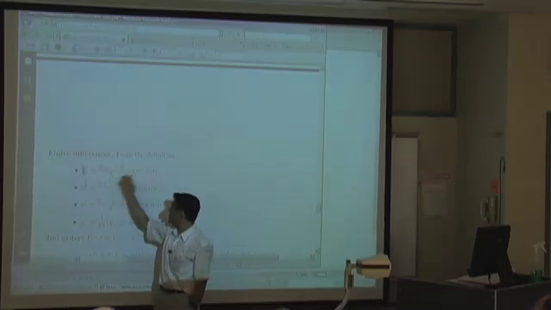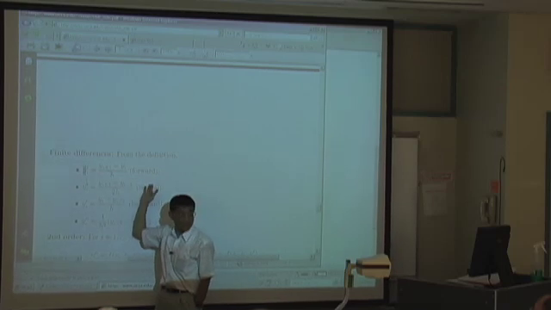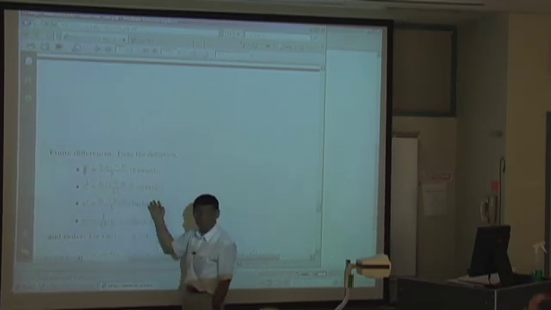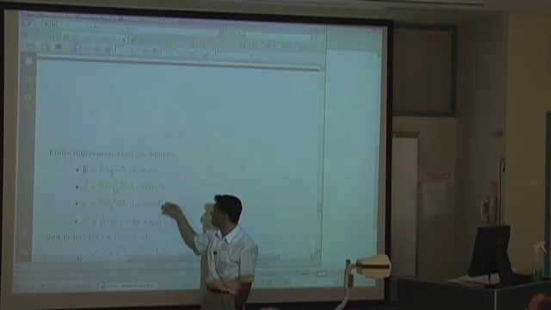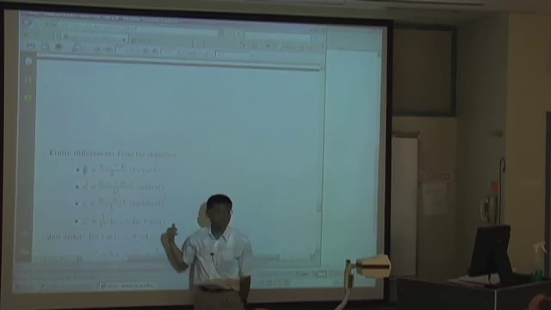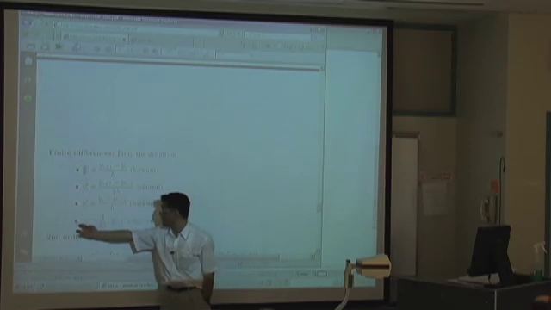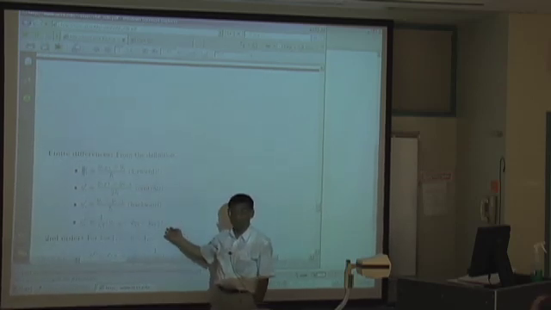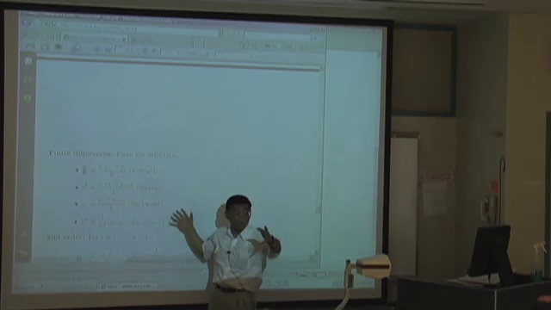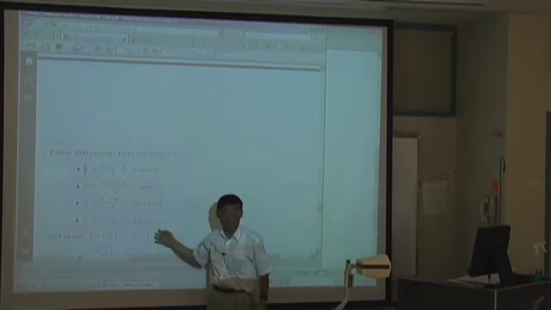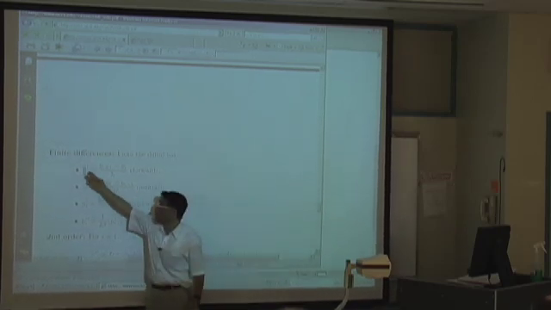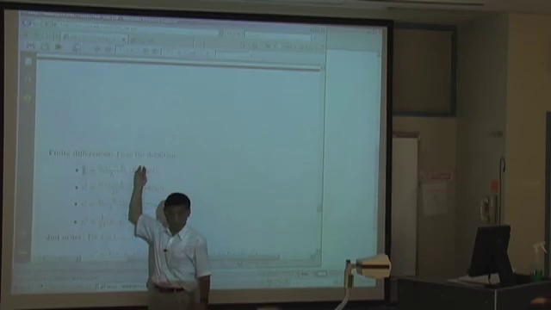If you decide to use central, use this. If you decide to use backward, use this. You can pick one of these three, right? Do you follow me? And if you need to handle the second derivative, use this. So you completely convert the differential equation using this chart. It's up to you to choose.